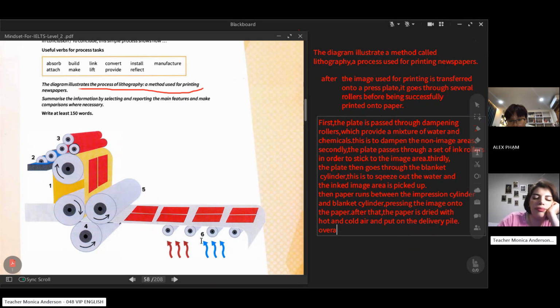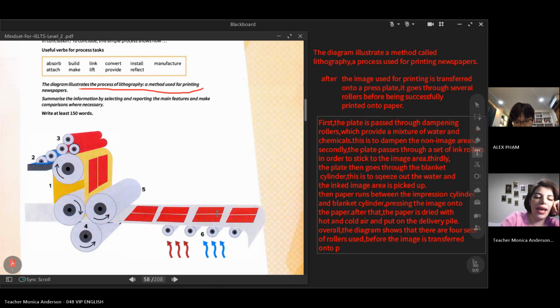Okay, now overall, final stage, okay? The diagram shows that there are, okay, how many? 1, 2, 3, and 4 sets of rollers used before the image is transferred onto paper.